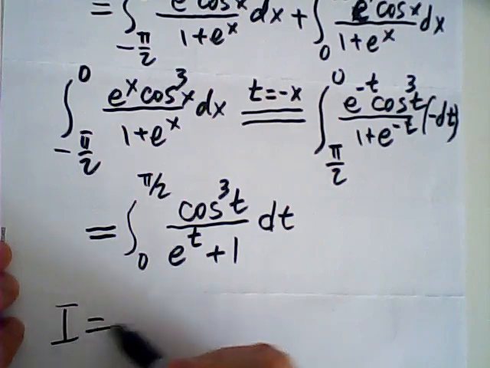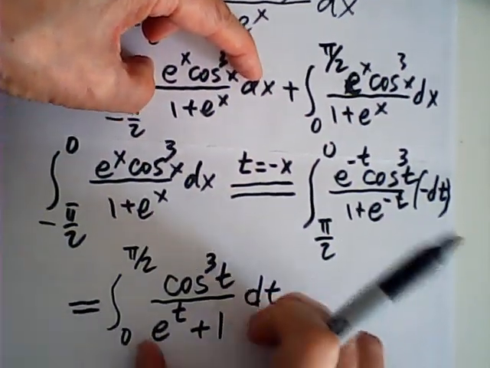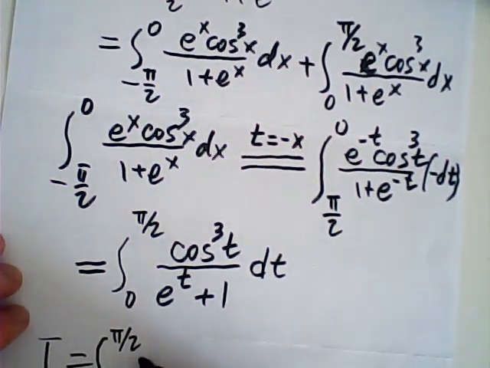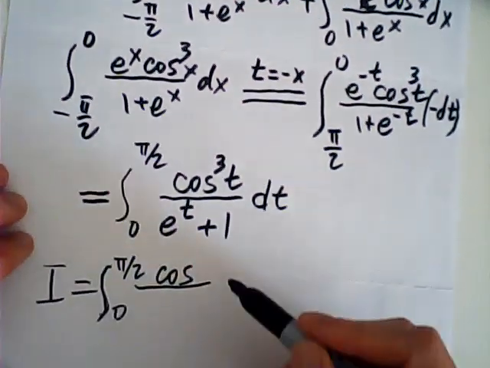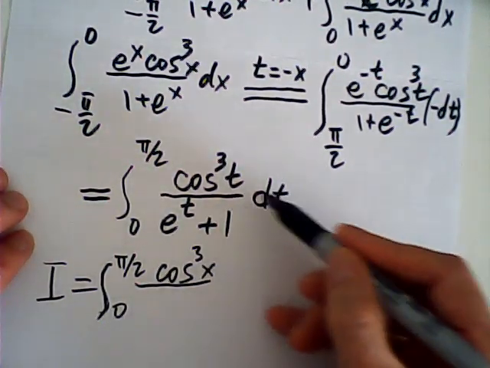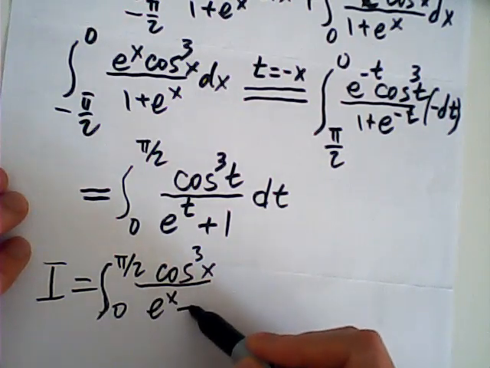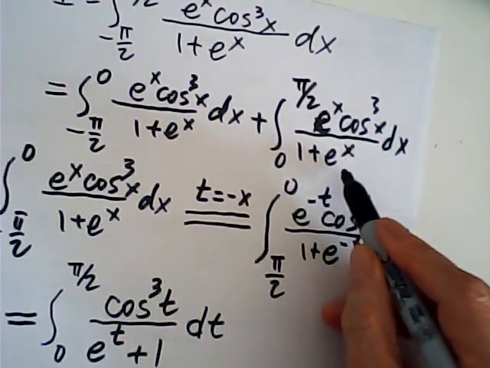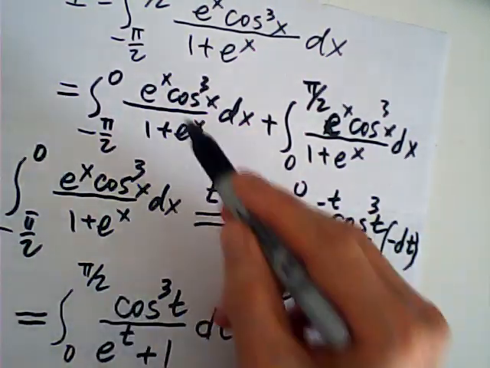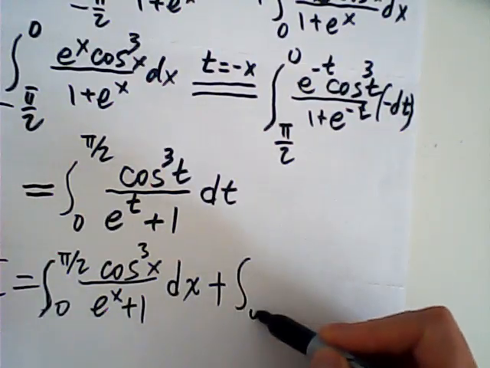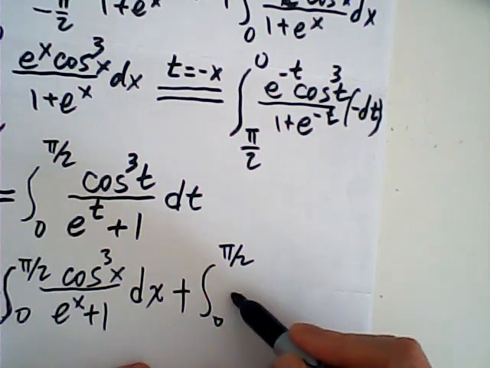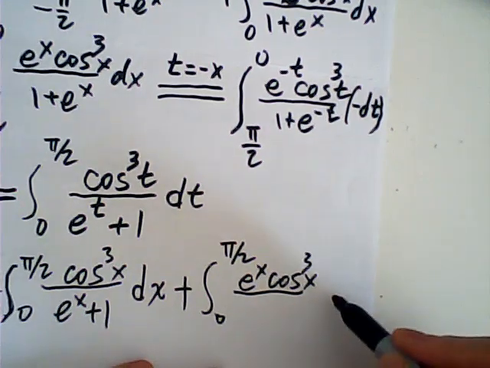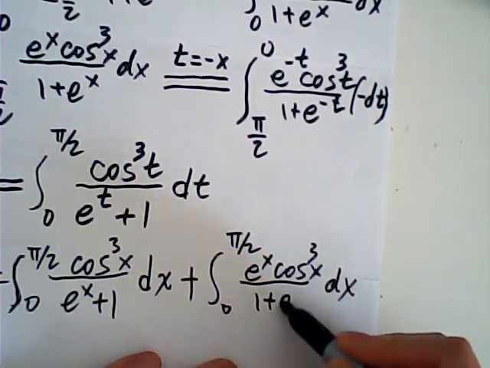Therefore, my integral I is equal to this one, which is this: from 0 to half pi, cosine cubic x over 1 plus e to the power of x. These are dummy variables, I can write anything, right? Plus this: from 0 to half pi, e to the power of x cosine cubic x dx over 1 plus e to the power of x.